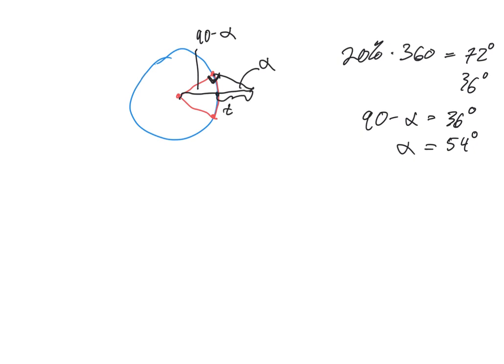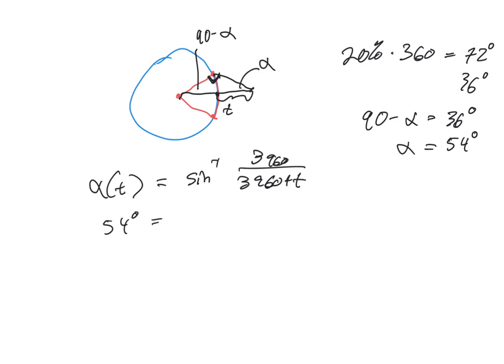So I can go back to that original equation, where alpha of t is the inverse sine of 3960 over 3960 plus t. But here I know that alpha of t is 54 degrees, equal to the inverse sine of 3960 over 3960 plus t. I need to take the sine of both sides because that's the inverse operation.